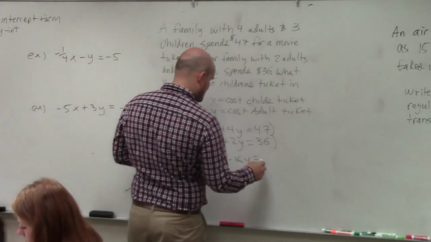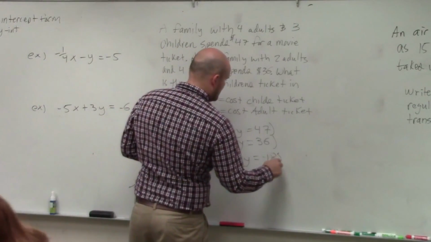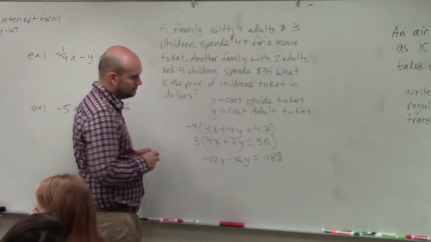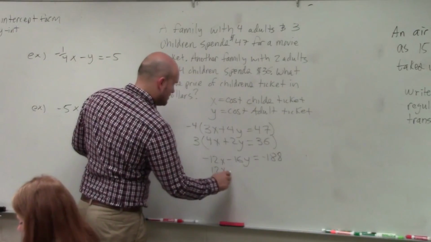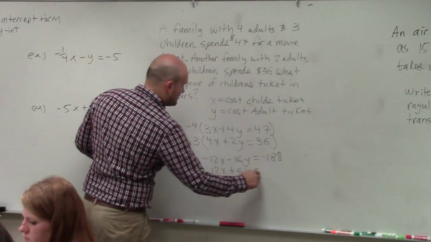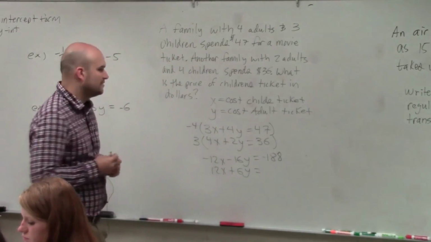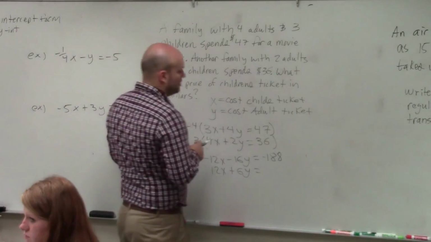Somebody could check my work for me. Then 3 times 4 is going to be 12x plus 6y is equal to 36 times 3, 108.